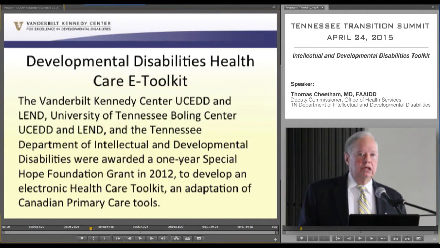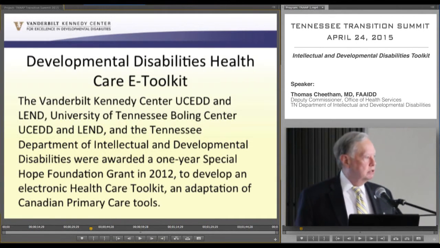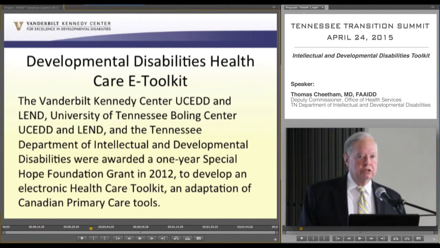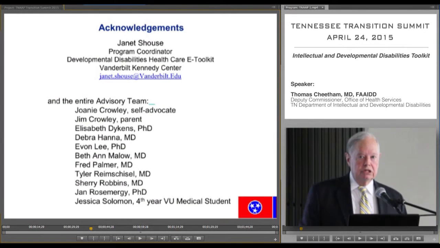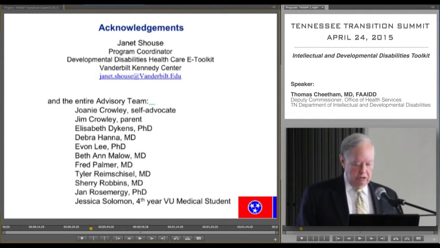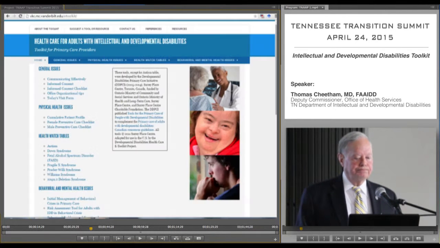So we got a grant, the Vanderbilt Kennedy Center, the Bowling Center, and Department of Intellectual and Developmental Disabilities, and we're indeed fortunate to have Janet Schoss, who's here today, as our coordinator to herd us all together and produce the toolkit that arose out of that. We had a self-advocate, family member, medical student, a number of people involved in that project.